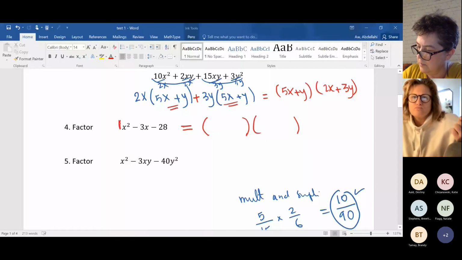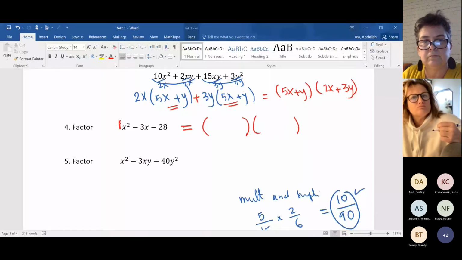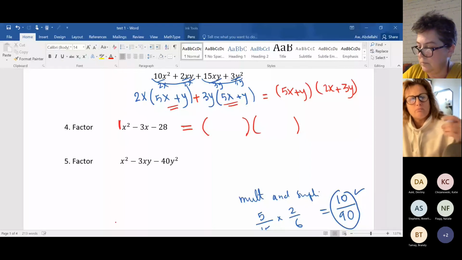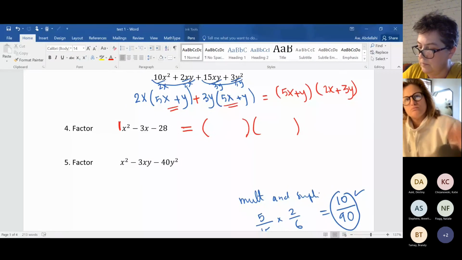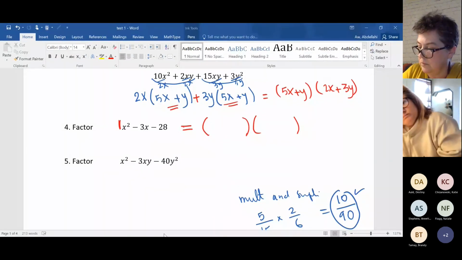We're just going to be looking for 2 numbers. What should those 2 numbers verify? -7 and 4, because they must add up to -3, right? And they must multiply to -28.